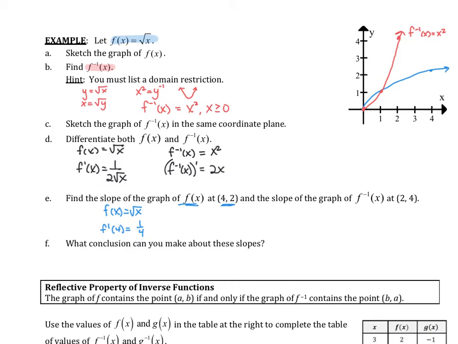And if we do that in reverse, the inverse function we know is x squared when x is greater than or equal to 0, but the derivative, or the slope, at the point (2, 4), this should have been a 2.